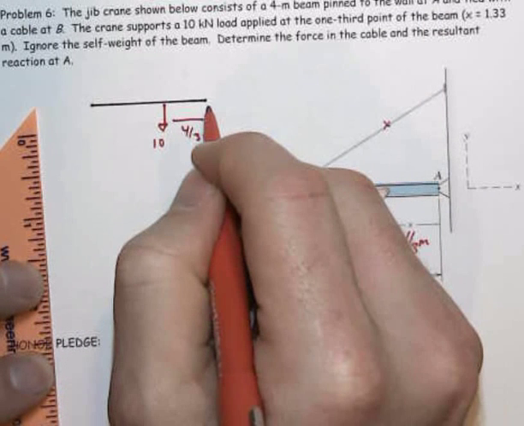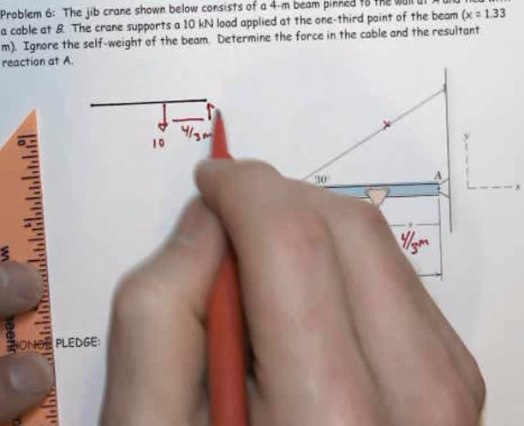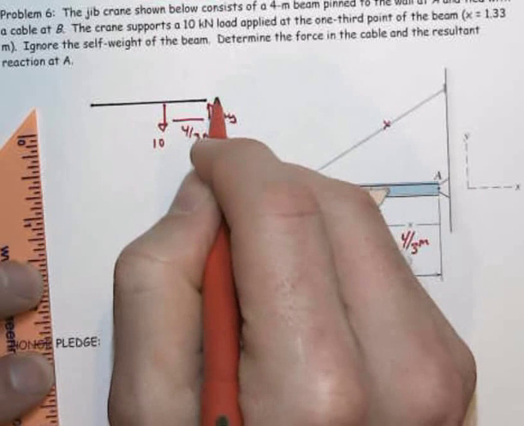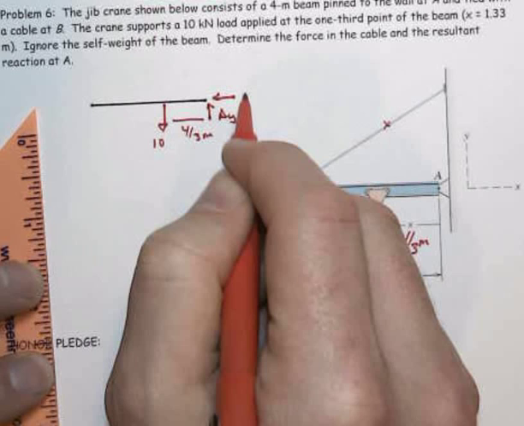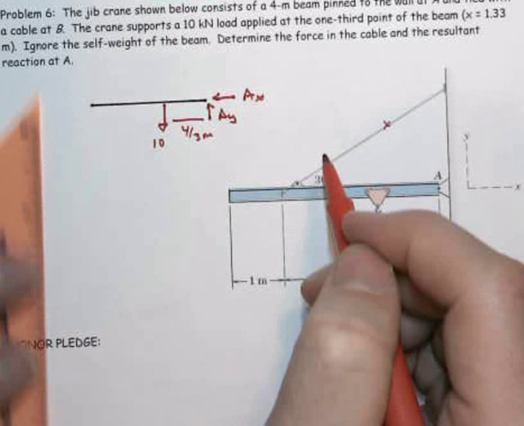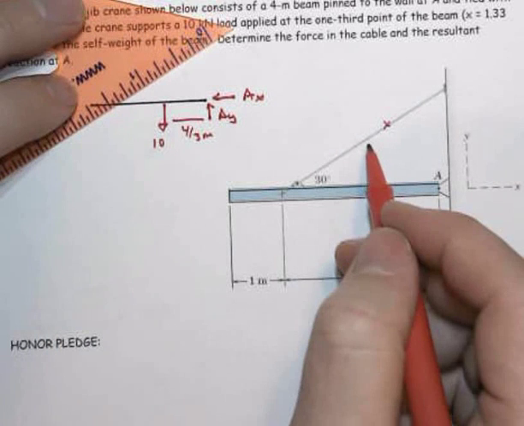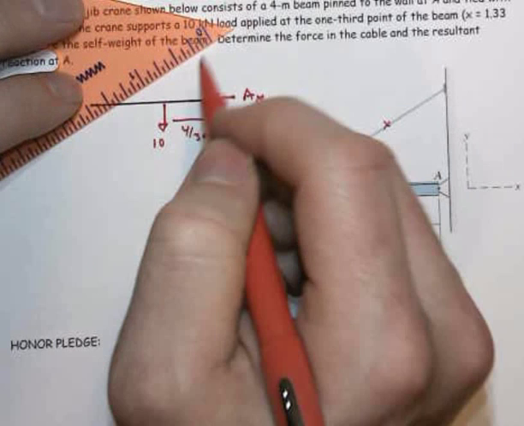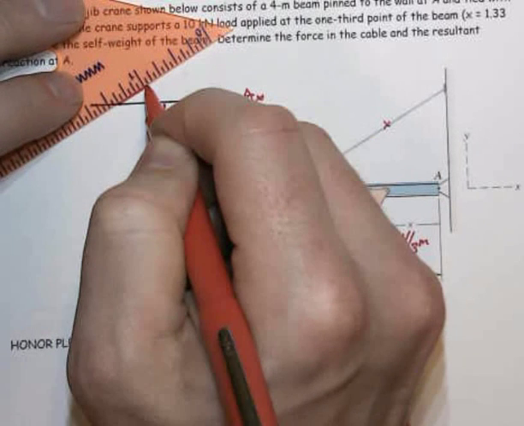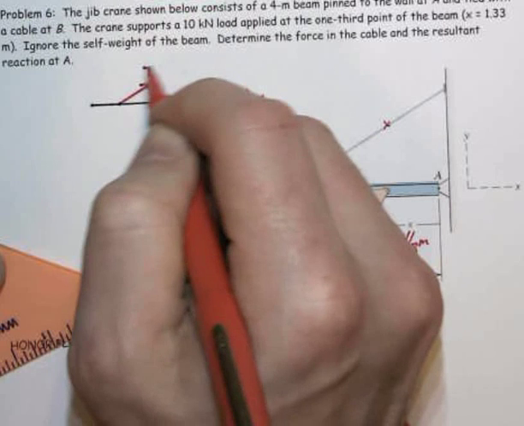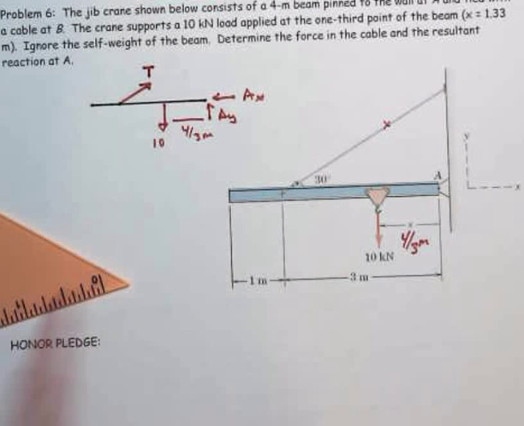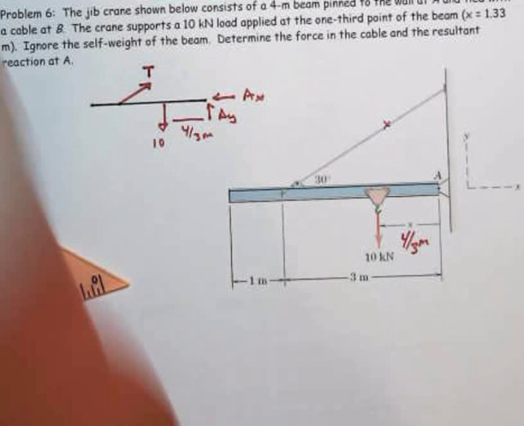We've got the vertical reaction at A, and we've got a horizontal reaction at A, so AX, AY, and then we've got our cable force applied out here 3 meters away from the wall, and there's our T.